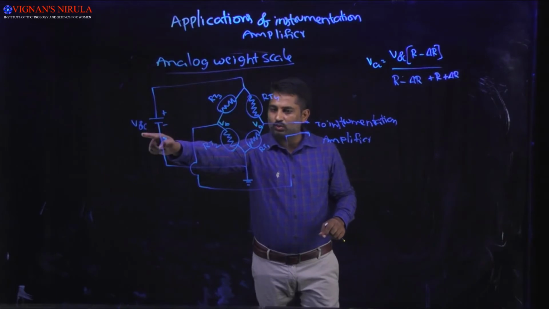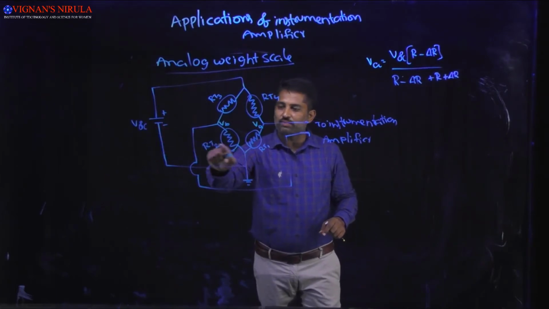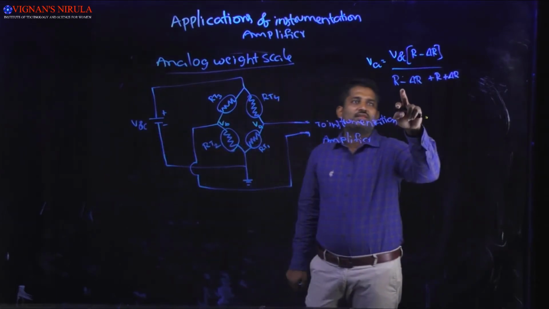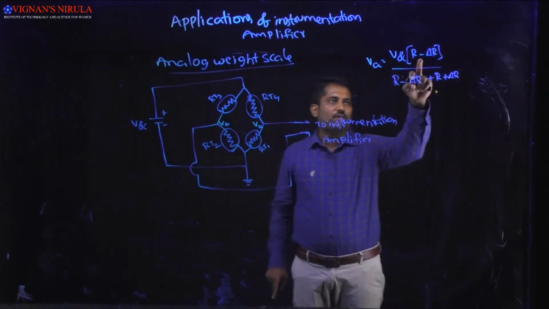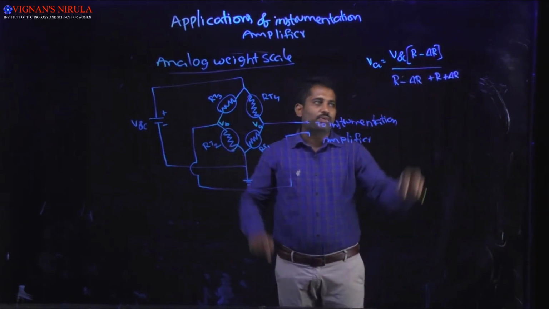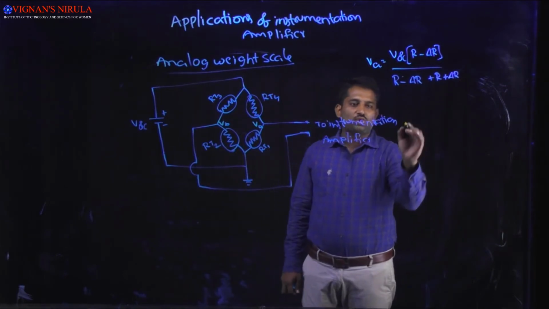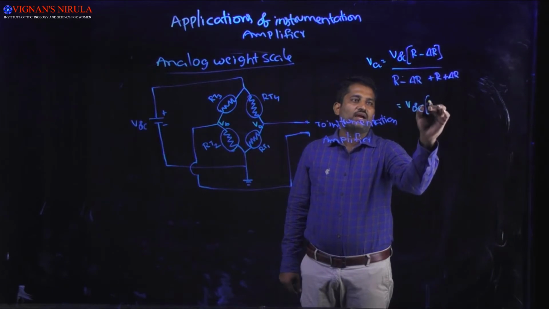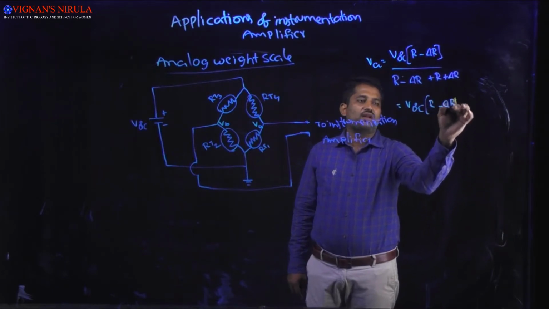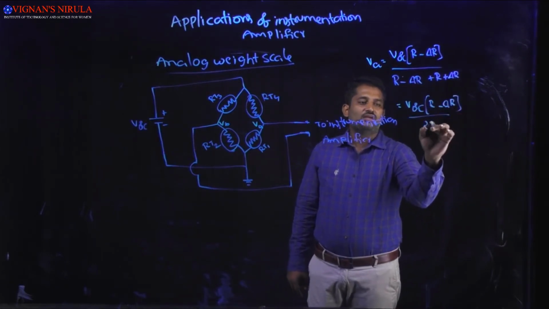VA will be equal to VDC into RT1 divided by RT1 plus RT2. Here RT1 becomes R minus delta R, and RT2 becomes R plus delta R, because when you place the element on the platform, RT1 and RT3 decrease and RT2 and RT4 increase. So you will get VA as VDC into R minus delta R divided by 2R.